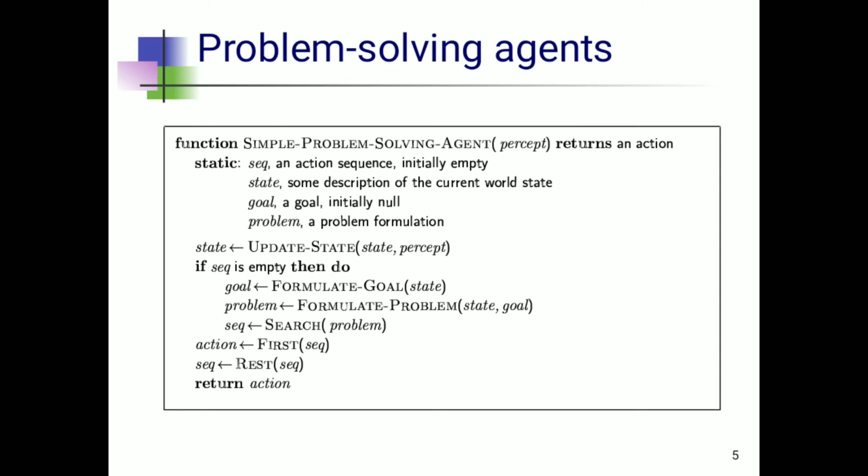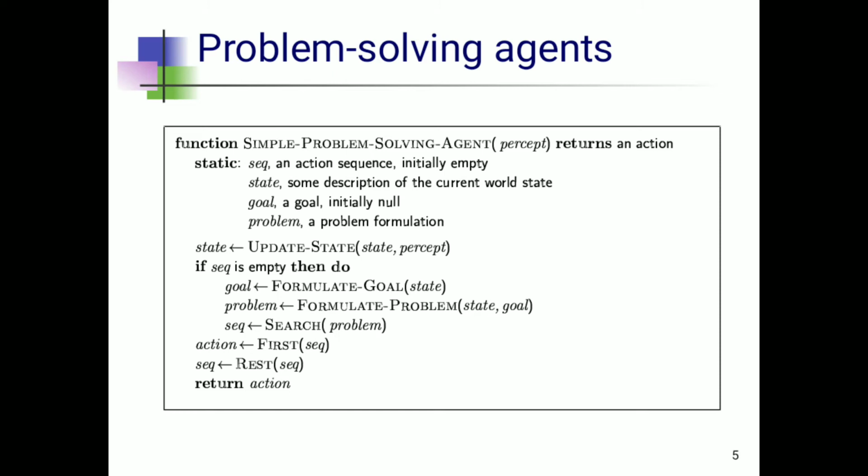Into this program we are giving the action sequence. Initially the state is empty, then we give the description of the current world state: what is the current scenario, what is the current environment, then what is my goal, and what is the problem formulation that we have to give as input to this function.